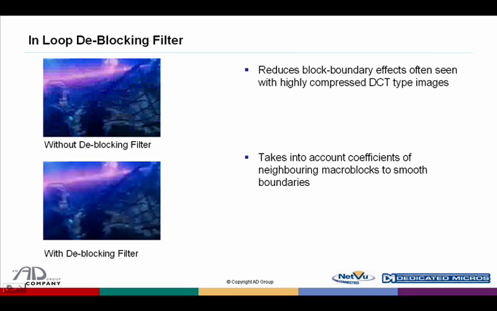There's no smoothing of boundaries by matching the coefficients of one macro block with that of another in terms of its luma and chroma values. With a deblocking filter, the coefficients of one macro block's individual pixels are adjusted to match the values in adjacent macro blocks to smooth those boundaries between macro blocks.